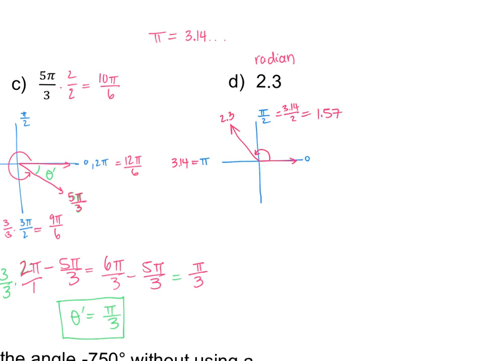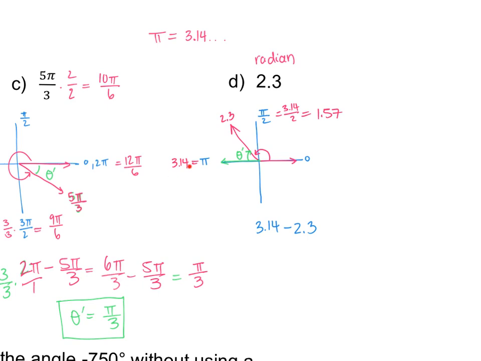And so I need to figure out what the angle here is going to be. To figure out what this angle is, I could take 3.14, since that is a rounded value of pi. I'll just use the rounded value, and I'll subtract 2.3 from it.